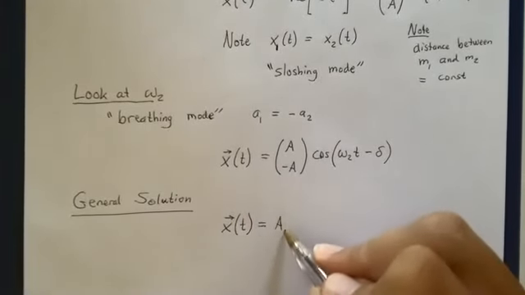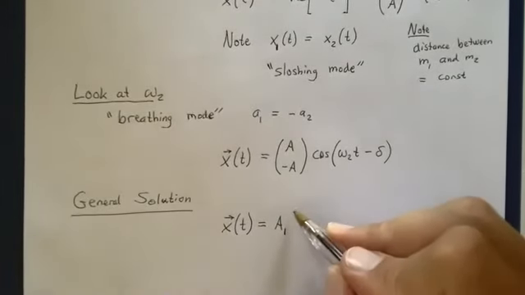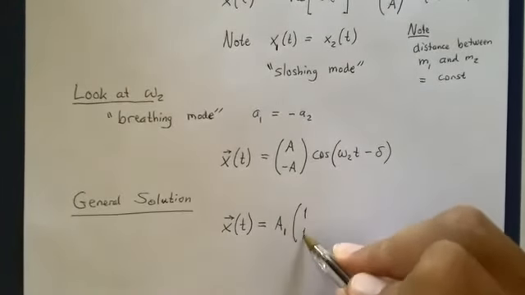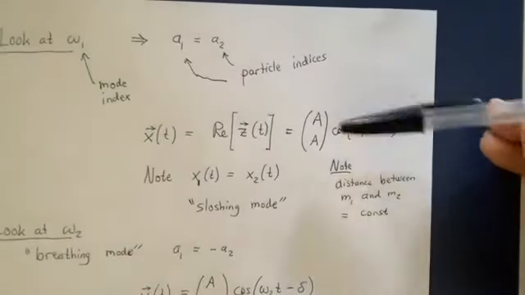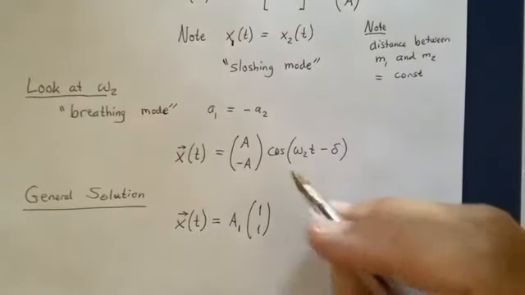Okay, so there's some amplitude A1. We can factor that out. That's the amplitude for mode number 1. Up here, we could have done the same thing, right? We could factor out a capital A, and this would have been the A1. Okay, we got the cosine.